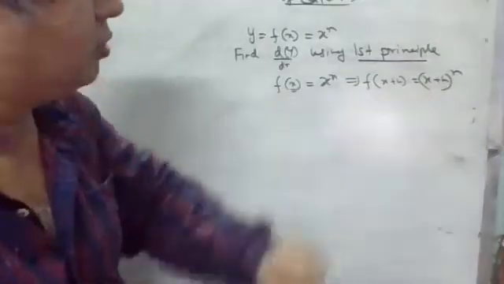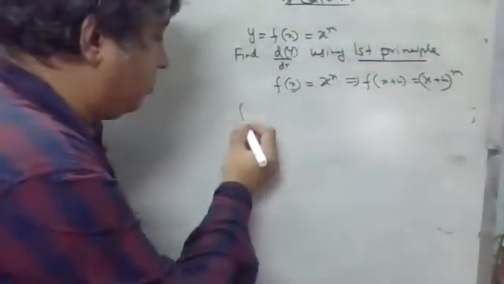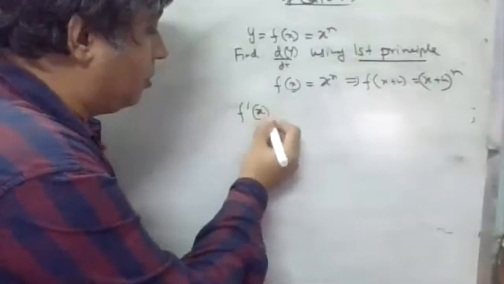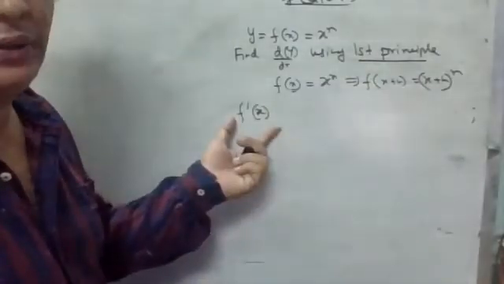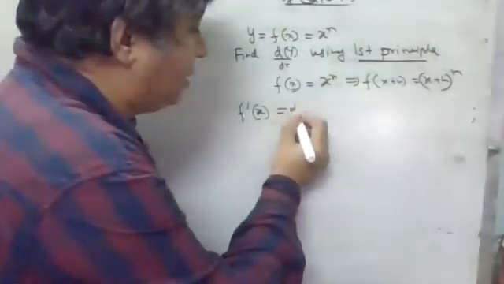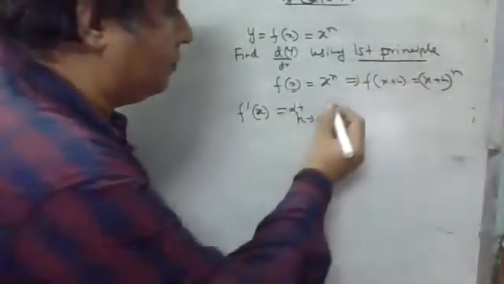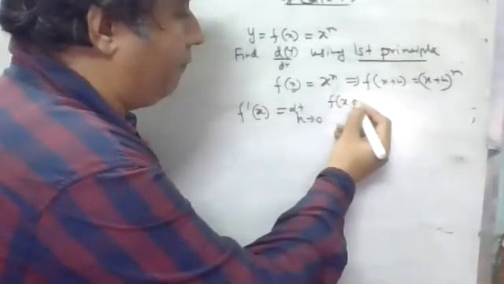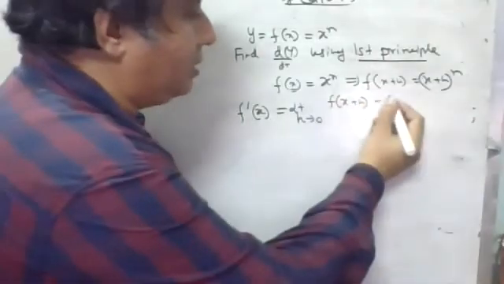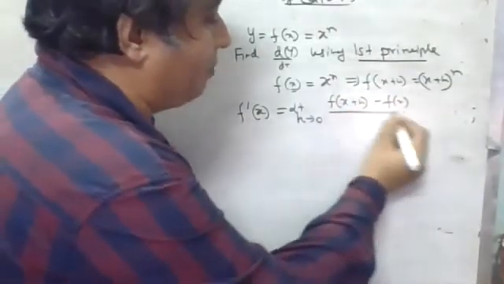Now, f dash x means what? Limit h tends to 0, f(x plus h) minus f(x) by h.